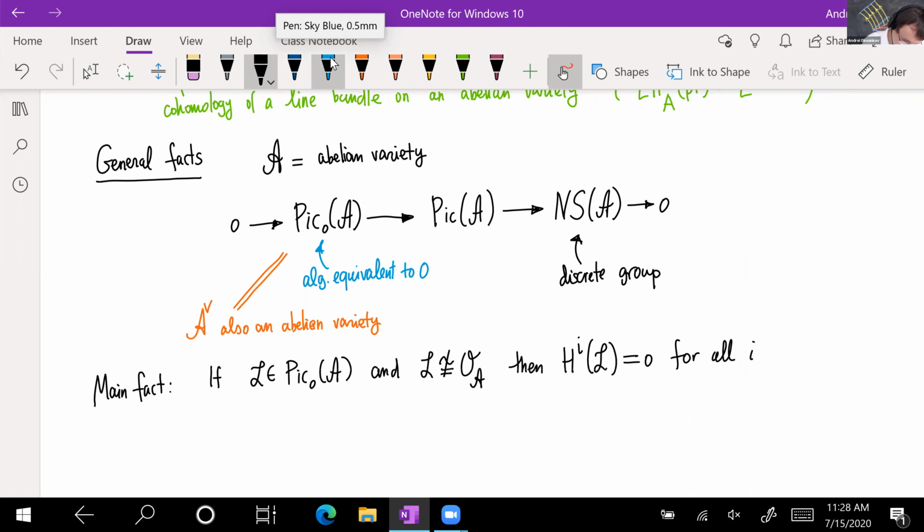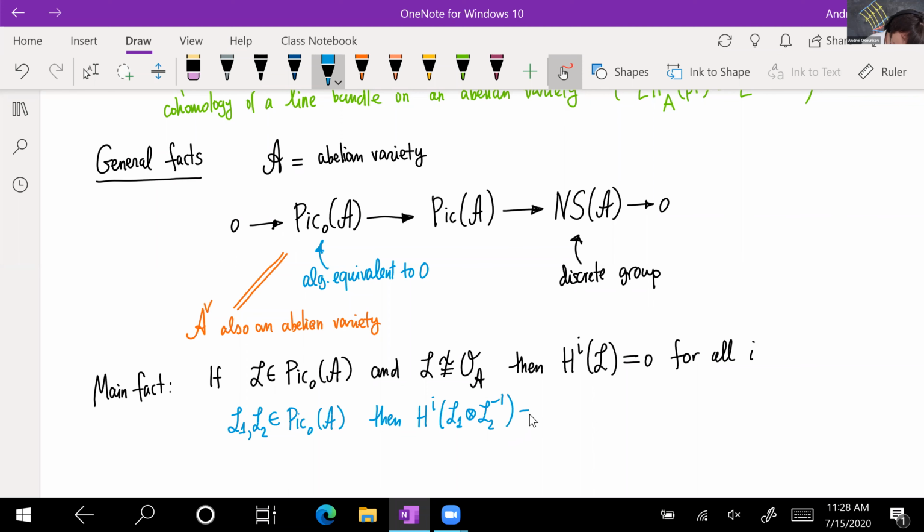What makes it work is that if I have two different ones, L1, L2, then if I take all cohomology of the ratio, that is 0 unless L1 is actually isomorphic to L2.